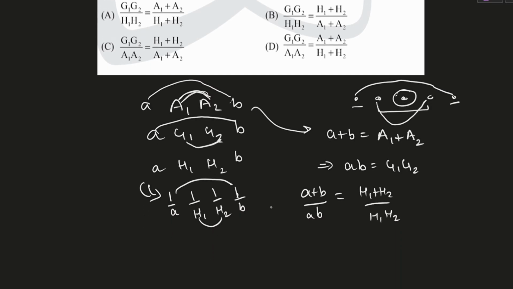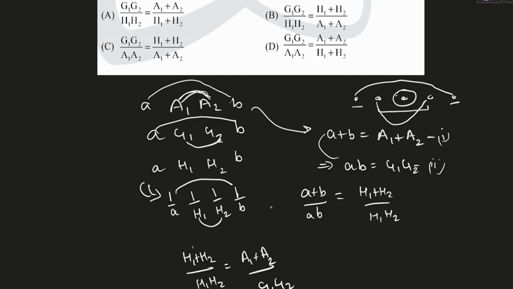Let me show you. If I divide these two expressions, let me name it 1, let me name it 2. If we divide these two expressions, we get something like A plus B by AB, okay, so A plus B by AB is equal to nothing but H1 plus H2 by H1 H2, right? And this thing is equal to A1 plus A2 by G1 G2. So from here we'll get our desired expression by rearranging the terms.